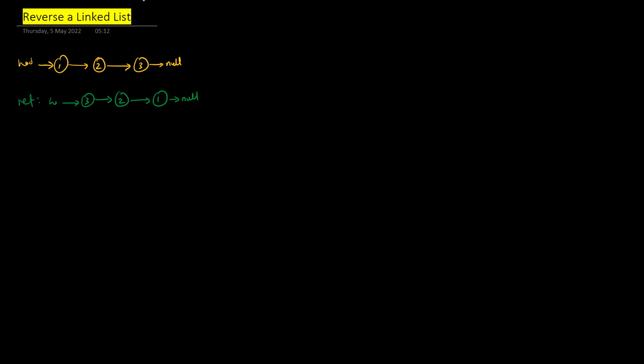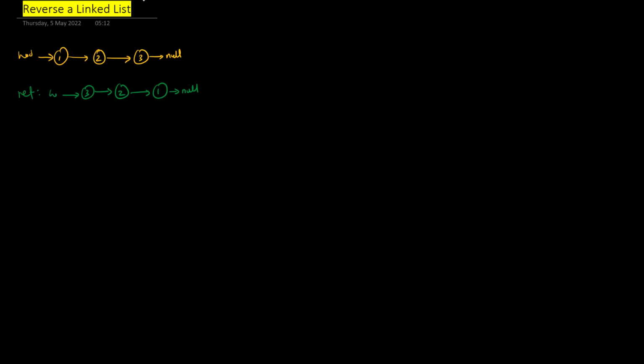So let's dig in. This is a little bit simple if you think about it. One of the approaches that you can use, given this linked list, let me just write it again where the head is pointing at. It's much better to just say that the head is pointing here.